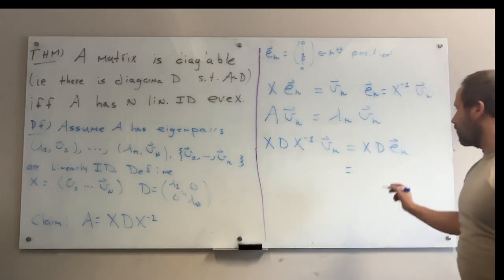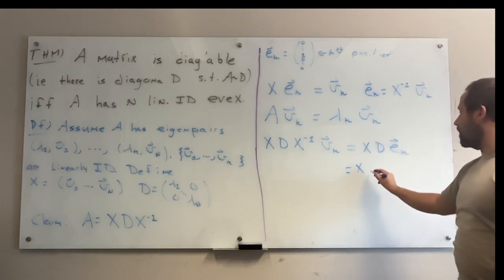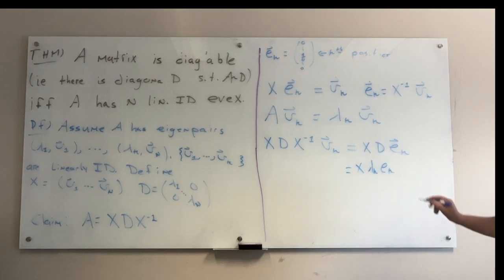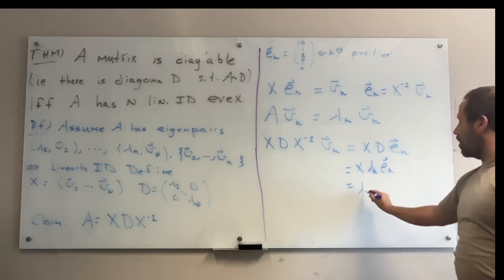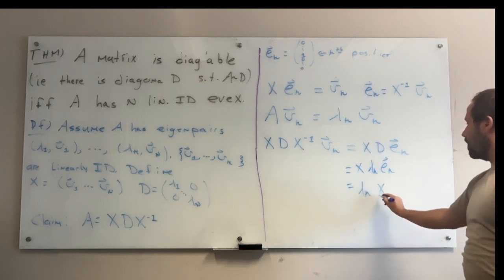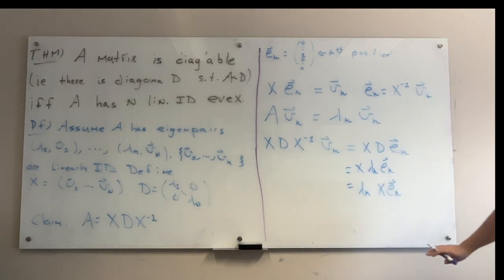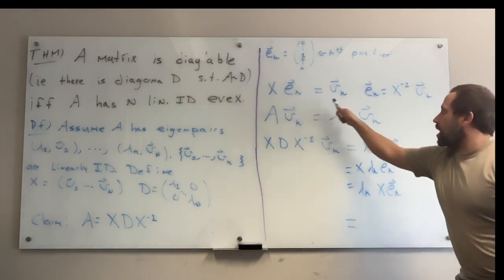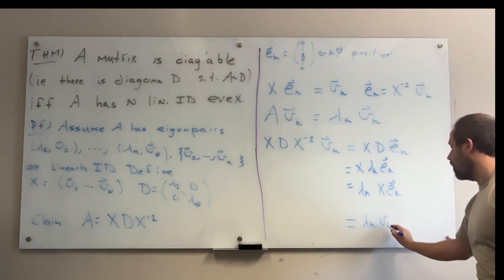So D times EK is equal to lambda K times EK. And then we can move the lambda K over there. We get lambda K times X EK. But what is X EK? X EK is equal to VK. So this is equal to lambda K VK.